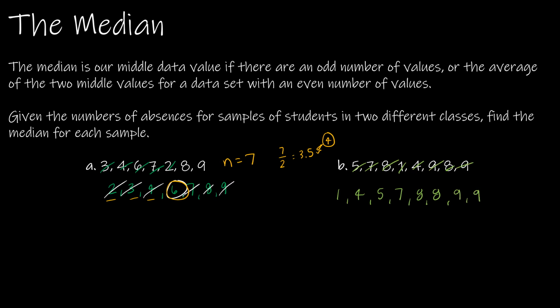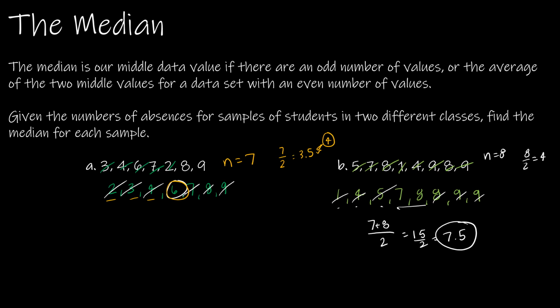Now again, I can either count in from the inside and end up with two values, 7 and 8, and I would then take 7 plus 8 and divide it by 2, which is 15 divided by 2, which is 7.5, which is going to be my median. Or, just as I did before, if n was 8, I could say 8 divided by 2 is 4, so I'm going to take the fourth value, 1, 2, 3, 4, and the fifth value and average those. So either way, I end up with the same result.